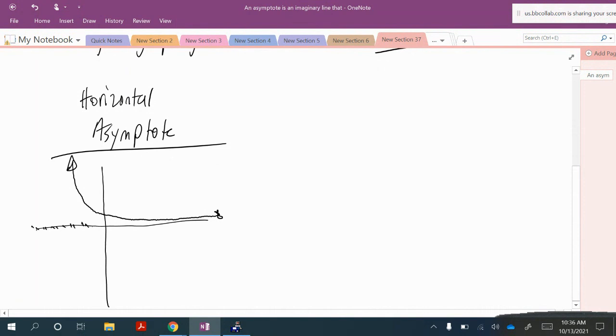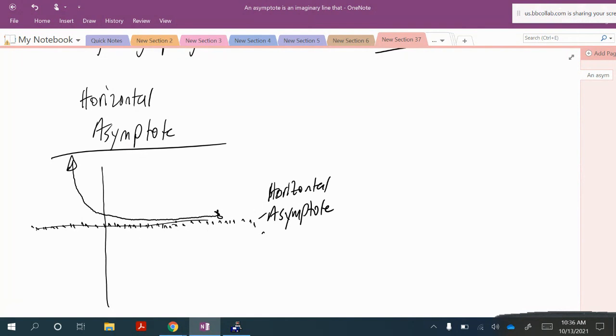If I were to dot the x-axis, the asymptote, this would be a horizontal. The horizontal asymptote is a line your graph gets close to and never touches.